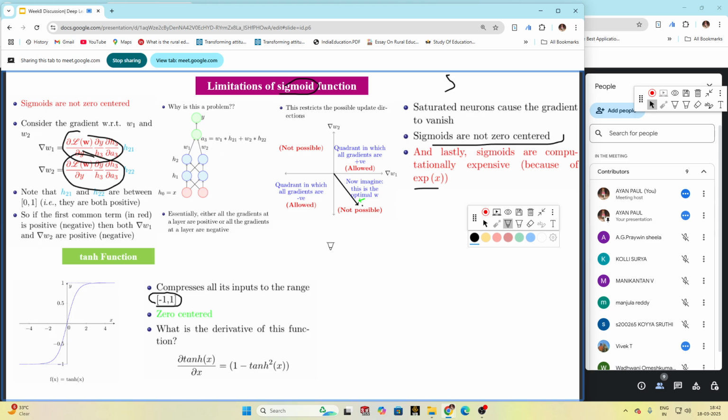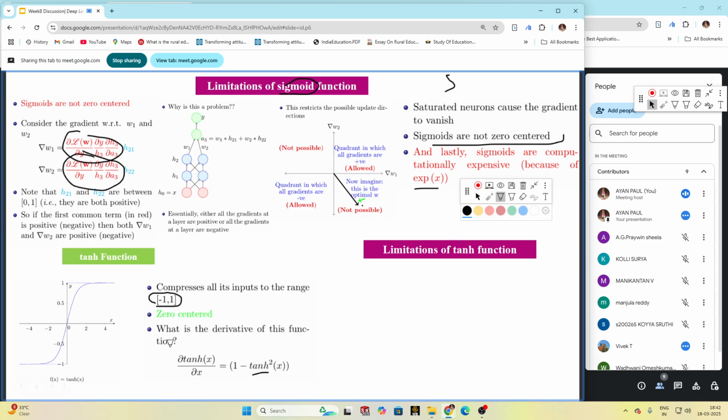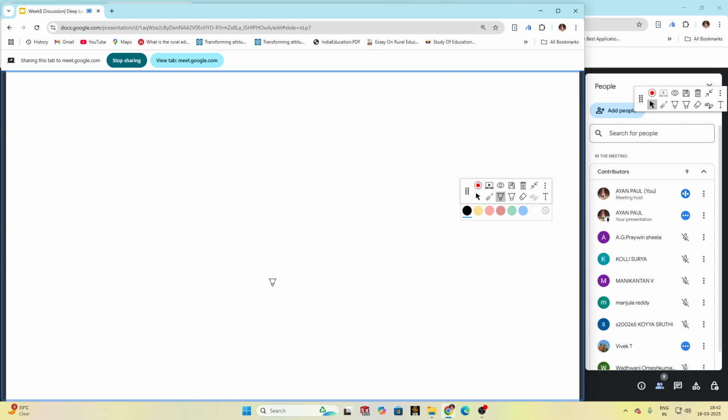It cannot solve the problem of vanishing gradient, because here also, when your x is 0, then this gradient vanishes. So this is also a problem for the tanh function. Also, again it is computationally expensive. But the main advantage here is that we are solving the zero center problem. So this is about the tanh function.